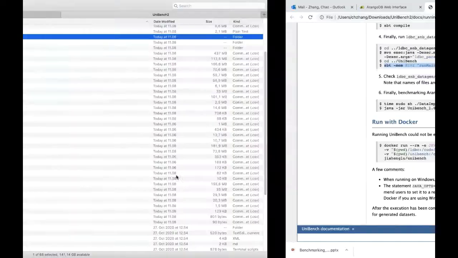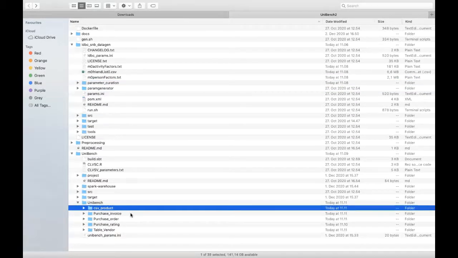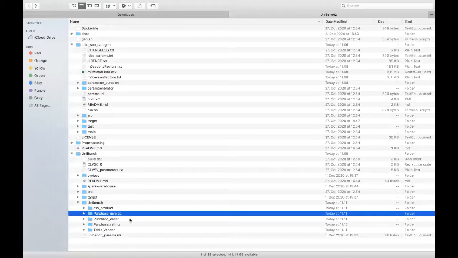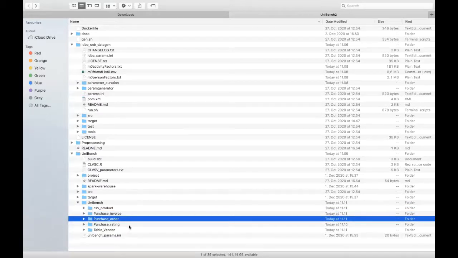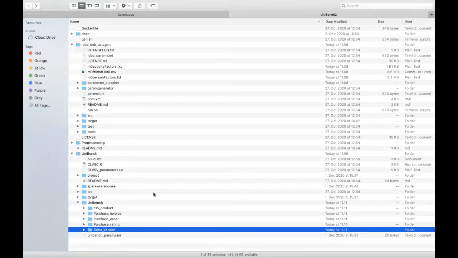And you can find the data under UniBench, including the CSV products, the invoice, the order, the feedback, the rating, and the person.